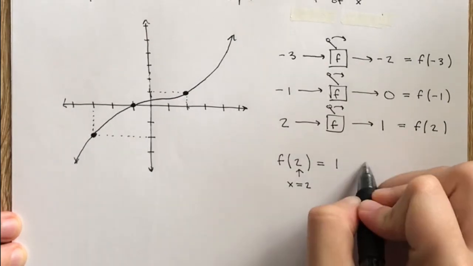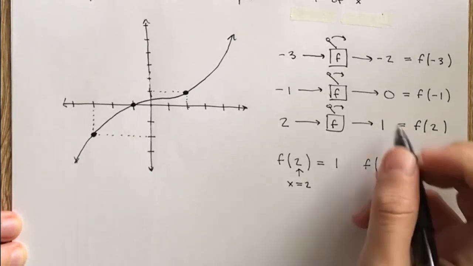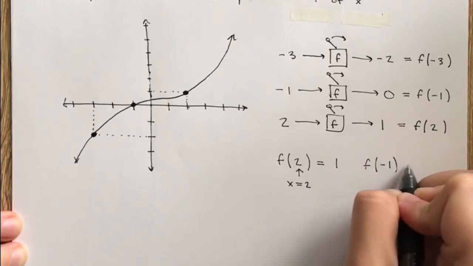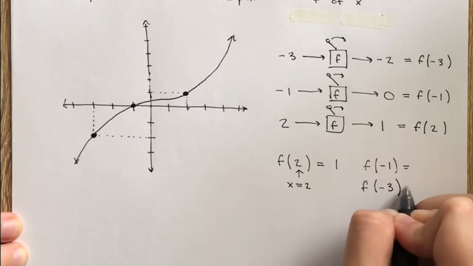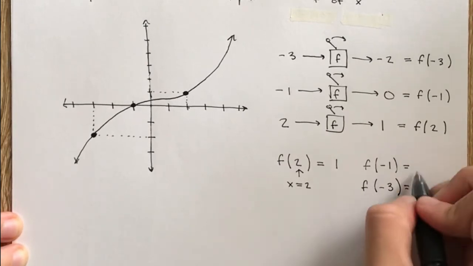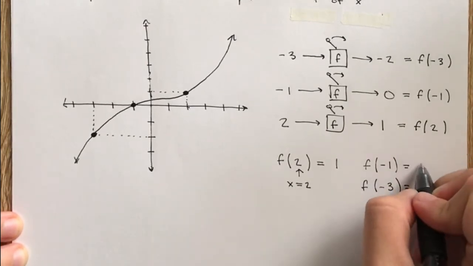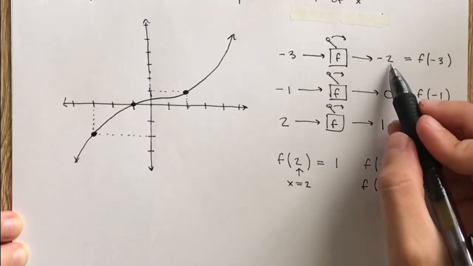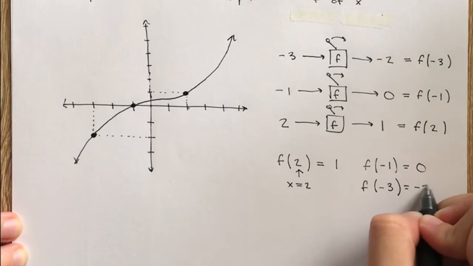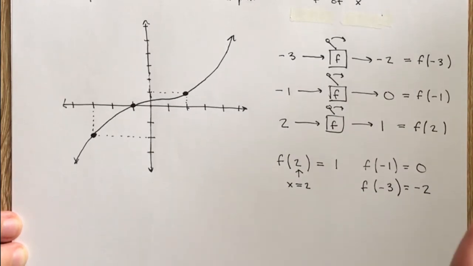Easy as that. If x is -1 or x is -3, what do you get? Well, for -1, we said we get 0. For -3, we said we get -2. That's it.